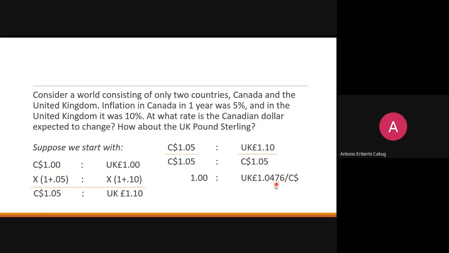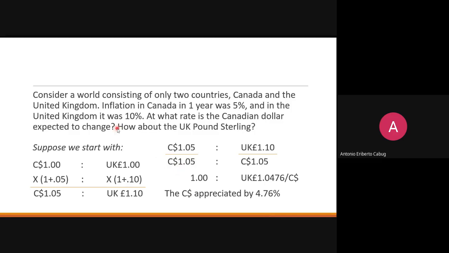The Canadian dollar is now 1.0476 UK pounds. Tumaas ba ang Canadian dollar? Oo. The Canadian dollar appreciated by 4.76% because the inflation is lower in Canada than in the United Kingdom. So at what rate is the Canadian dollar expected to change? The answer is it is expected to appreciate by 4.76%.